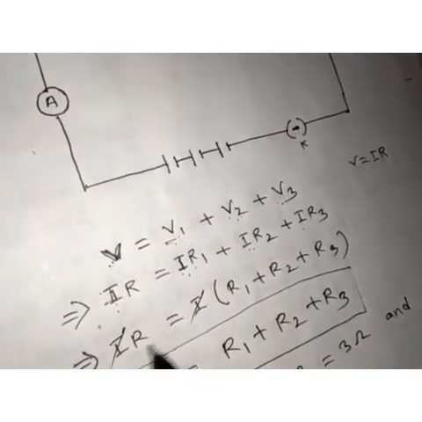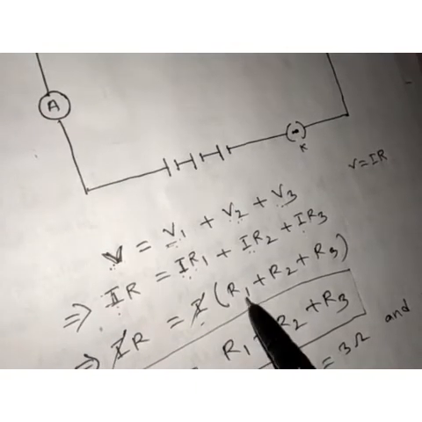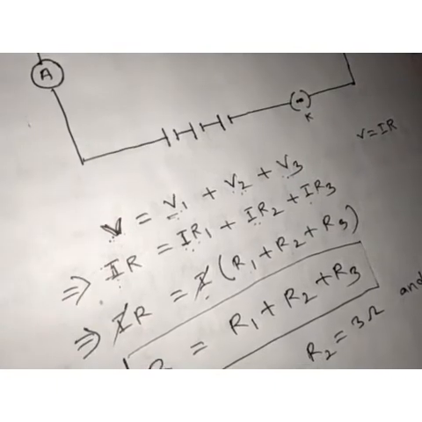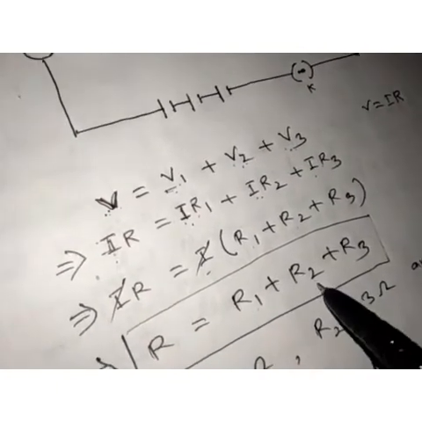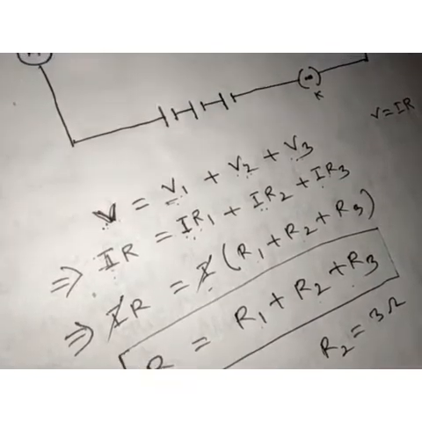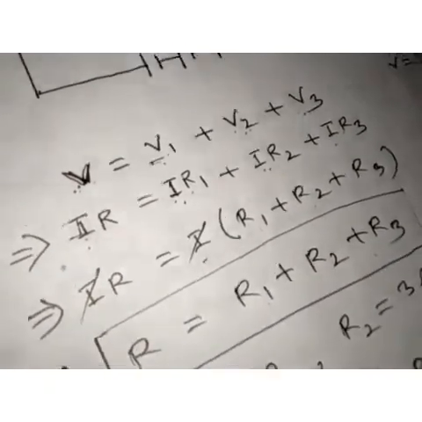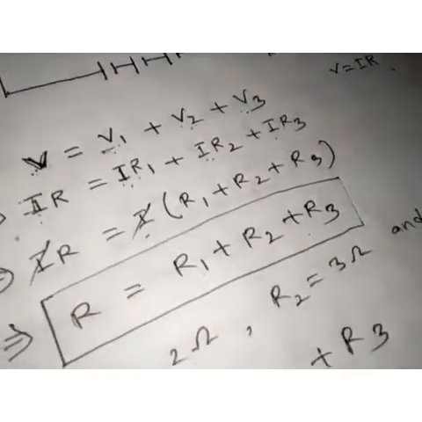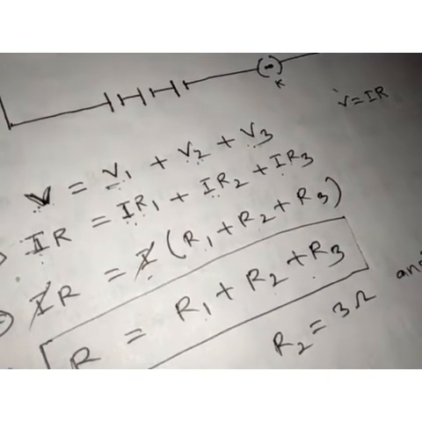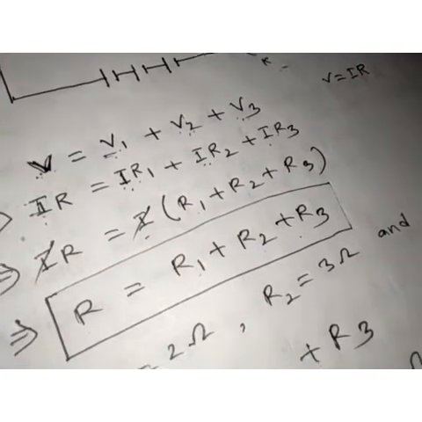So I taken common, then R1 plus R2 plus R3, then on both sides I gets cancelled, R equal to R1 plus R2 plus R3. That means if resistors are connected in series, how do we find the total or equivalent resistance?